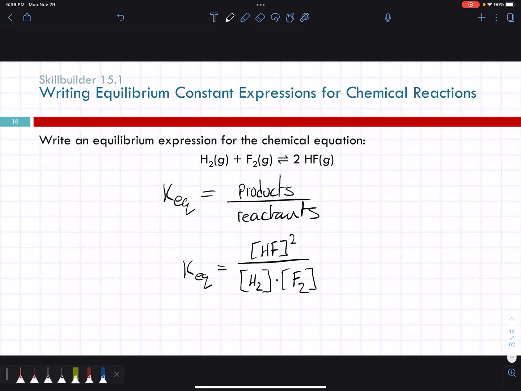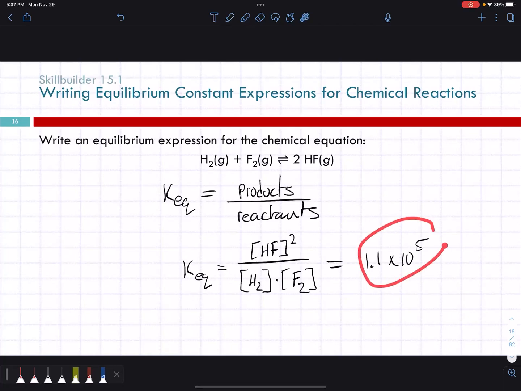F2 in brackets. Yeah? If they're interchangeable, does it matter which one's a product versus reactants? It does, because KEQ is for the reaction in this direction, or set up this way. So KEQ will boil down to a number like 1.1 times 10 to the 5.